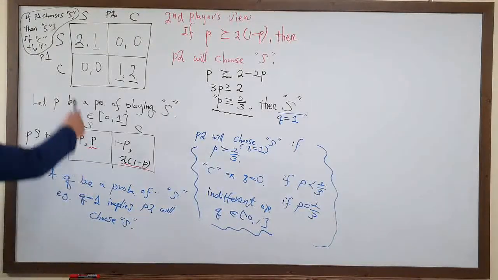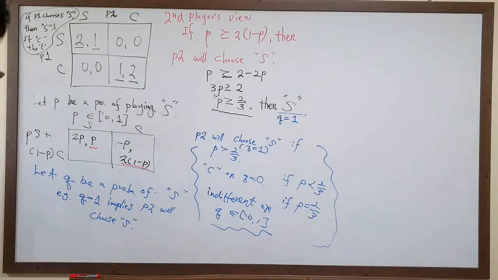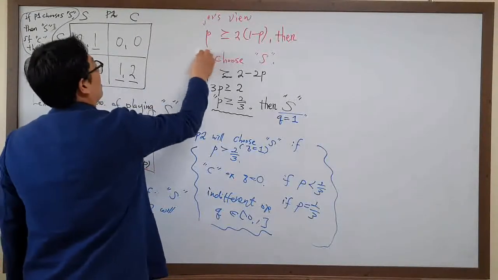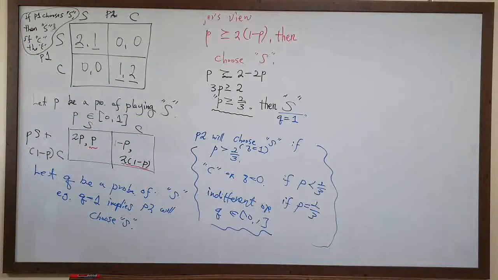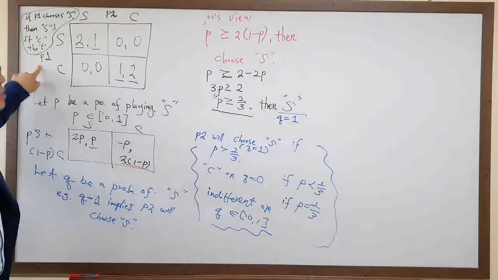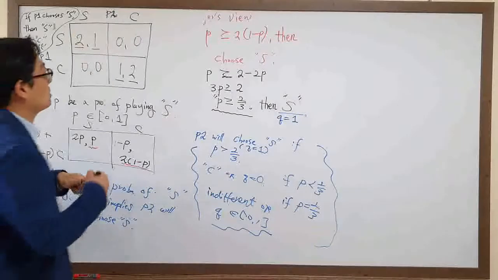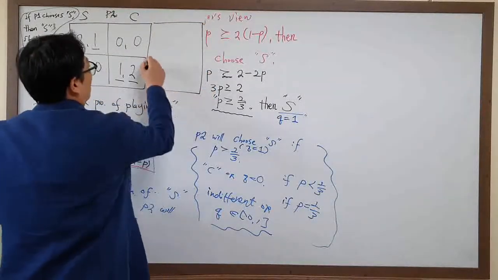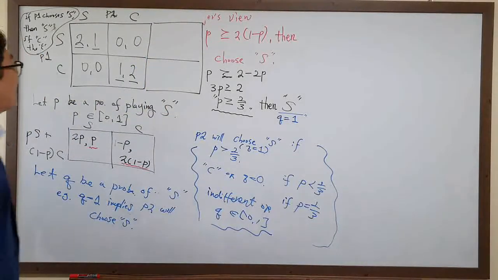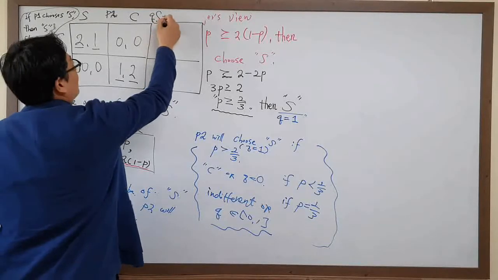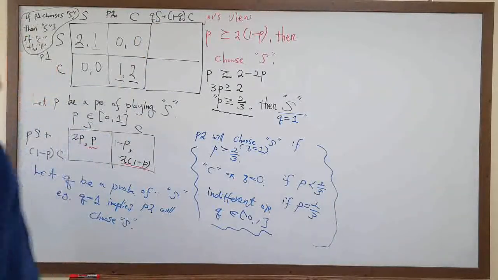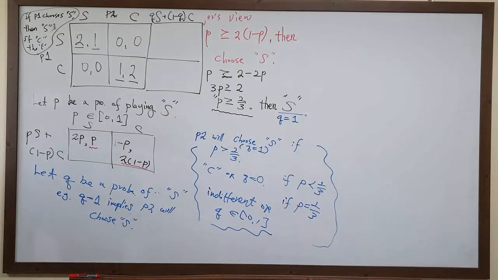Now think about the first player. From the first player's perspective, suppose the first player acknowledges that the second player can mix. So again, Q is the probability of playing S, so Q on S times 1 minus Q on C. That is a mixed strategy of the second player.